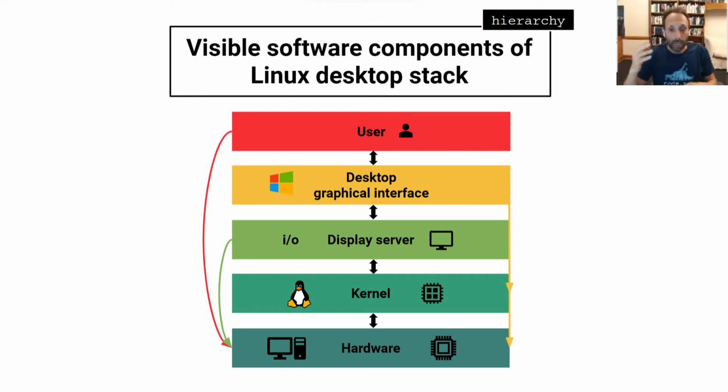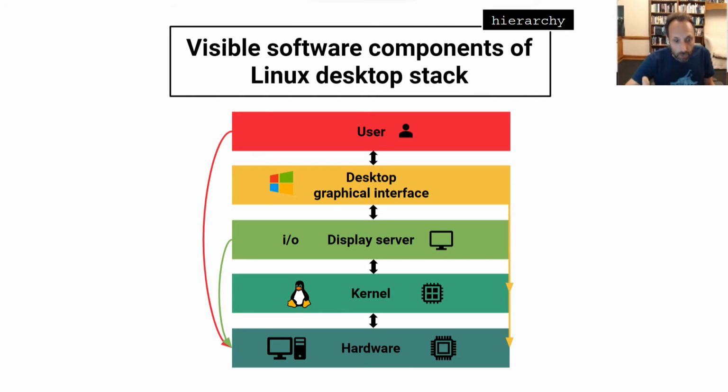Okay, so let's go to the slide I have here. Imagine you tap on your keyboard. That electrical signal that you hit the letter K goes up to the kernel, essentially asking the kernel for permission to go to the screen, because nothing can go to the screen without passing through the kernel.